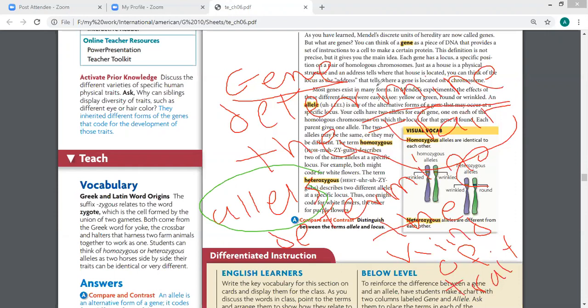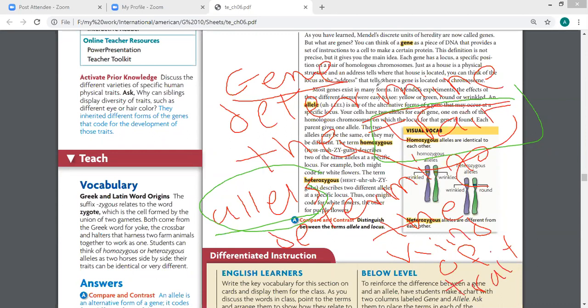If it is eye color, the gene is responsible for the appearance of eye color. What is the function of alleles? The function of alleles is to determine the kind of eye color trait, for example dark brown, blue, green, and so on.